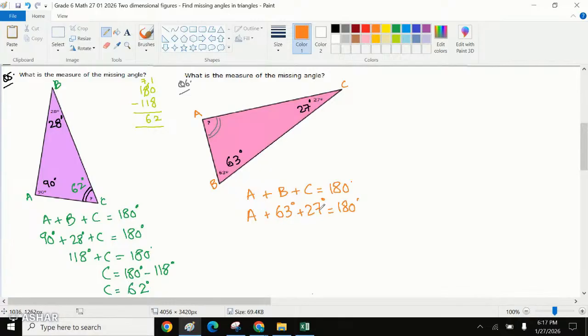63 plus 27 is, 63 plus 7 is 70, 70 plus 20 is 90. So can we say 180 minus 90, and A comes out to be 90 degrees.